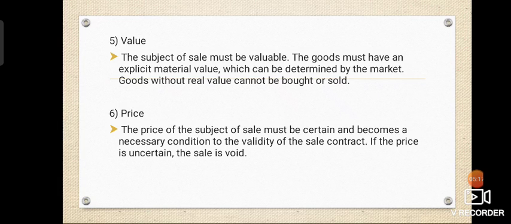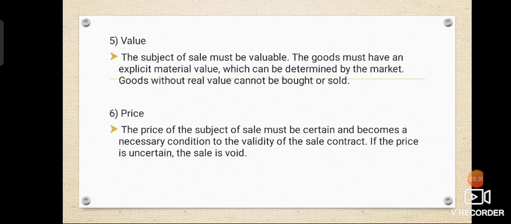If the item does not have a value, then the item cannot be sold in the market, because if the goods have no value, no one will buy them, as they do not have the material value.